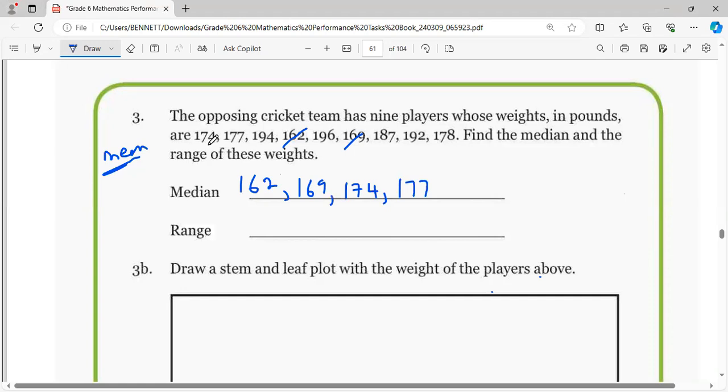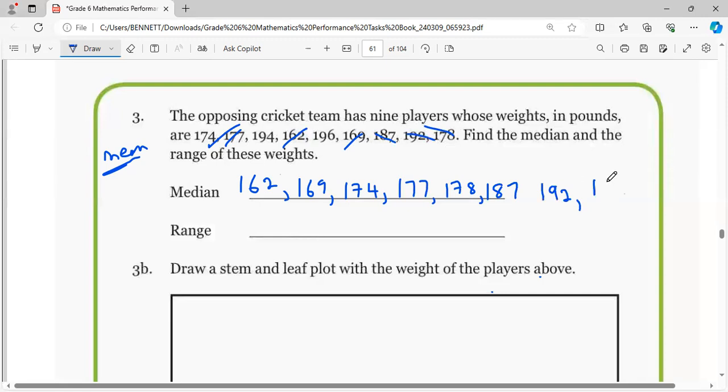Each time you just rub them off so you don't get confused. It's very easy to make a mistake because I was trying to freestyle it in my brain. 187. Then 192, 194, and then 196.